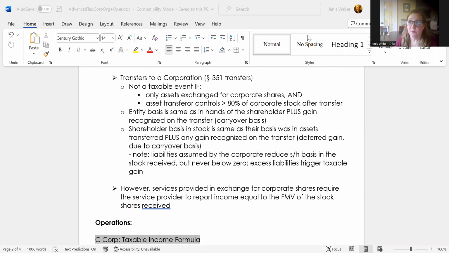And those people that are contributing services actually have a gain because they have to be taxed on that amount of the value that they're getting for their services, at the fair market value of the stock. So they would have basis in the new shares to the extent of whatever the fair market value was in those shares, and the corporation would just show it as services provided as compensation.